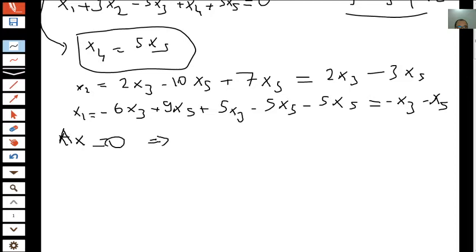Therefore, the solution of the homogeneous system can be written as x1, x2, x3, x4 and x5.